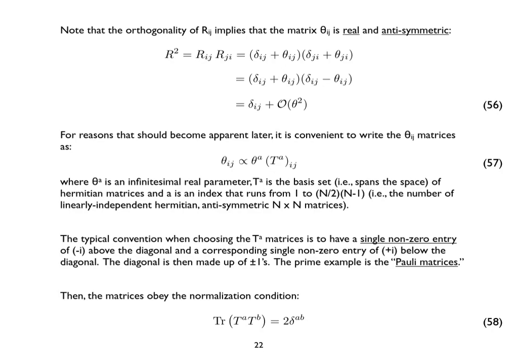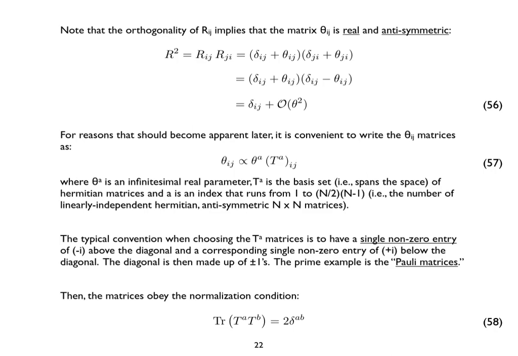A is an index, and it runs from 1 up to n over 2 times n minus 1. It's just the number of linearly independent Hermitian antisymmetric n by n matrices, the minimal number of matrices that you need to span your space.